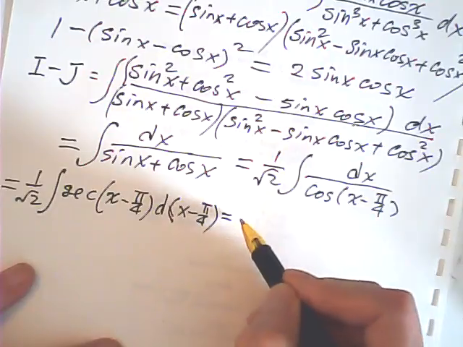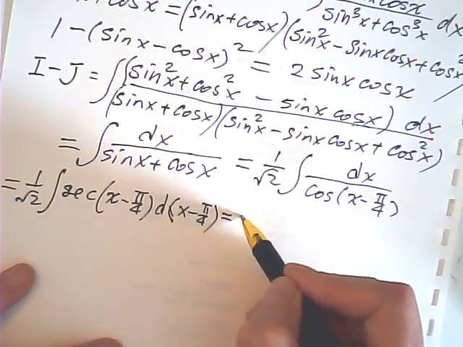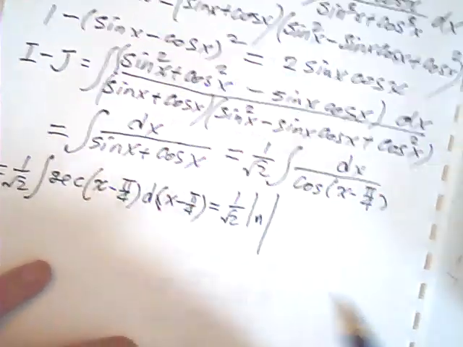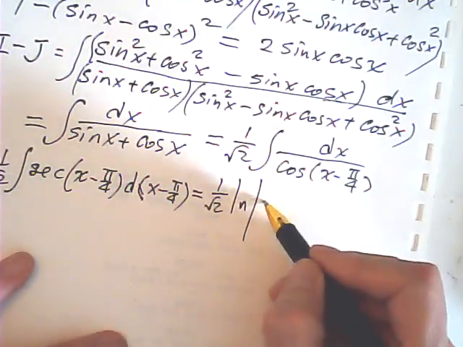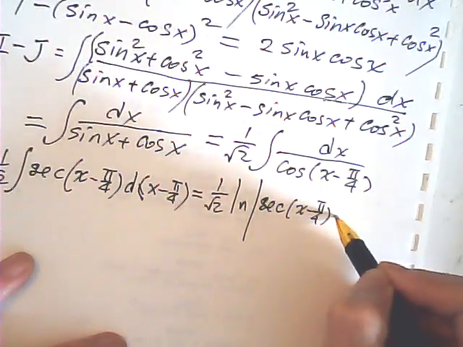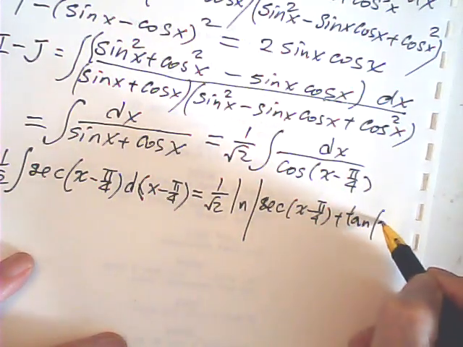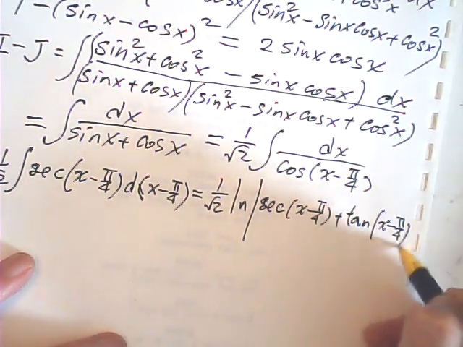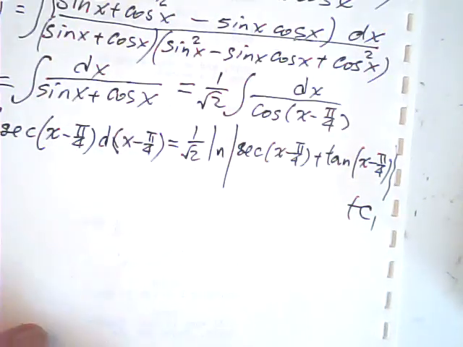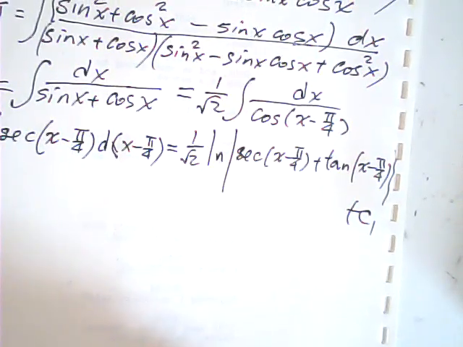So this one equals 1 over root 2 natural log of secant x minus quarter pi plus tangent x minus quarter pi, right? Plus C1, yeah.